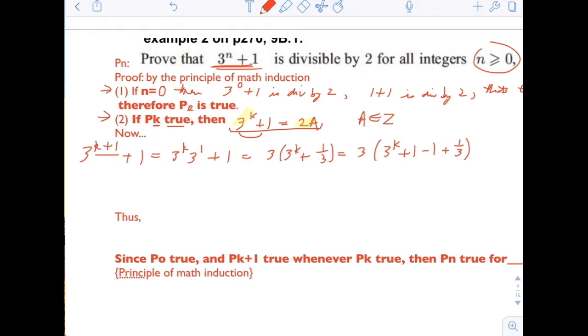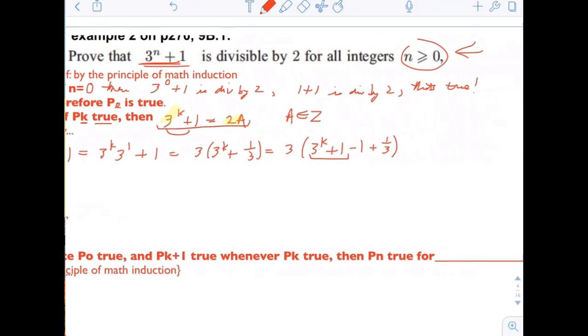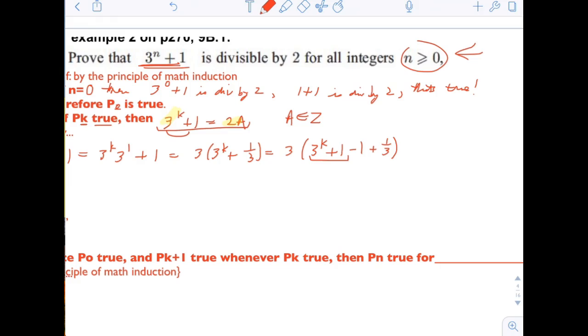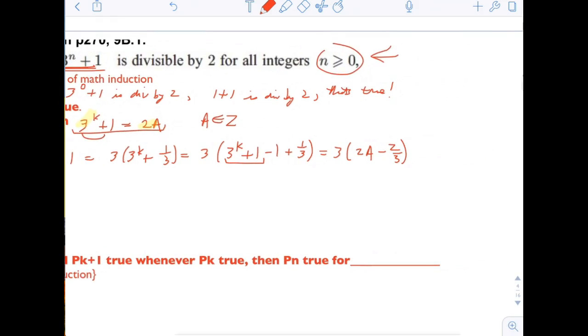Okay, now we have 3 to the k plus 1 right there, right? Now we can substitute in 2a. So I have 3 times 2a minus 2/3. And we can just multiply the 3 out now, so it's equal to 6a minus 2.